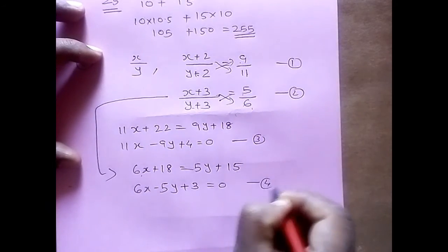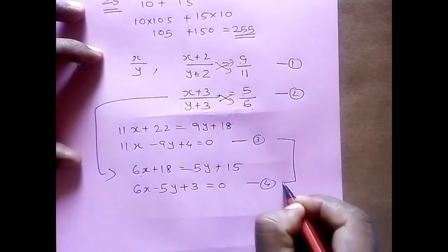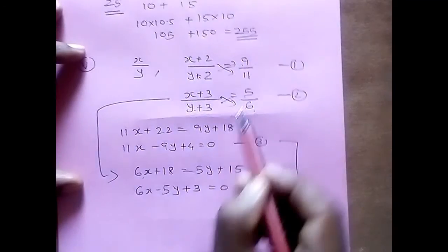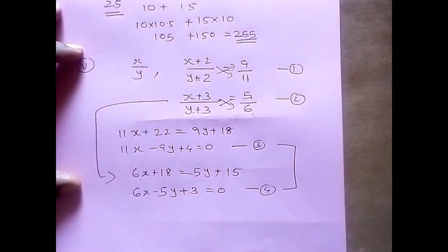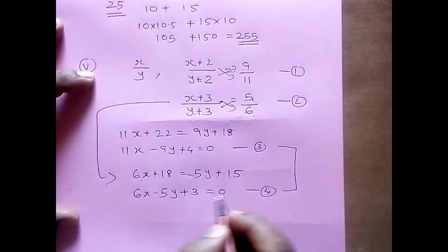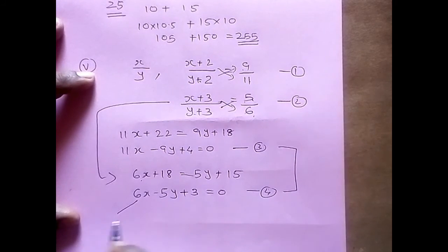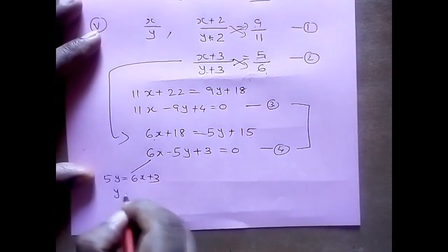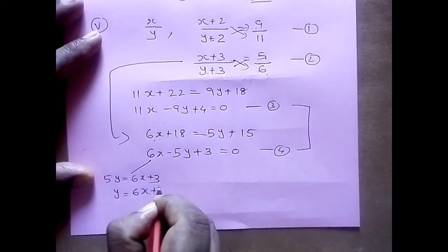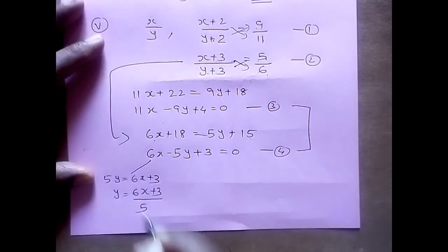That is equation number 4. Now we have to take only these two equations, 3 and 4. From equation 4, what will we get? 5y is equal to 6x plus 3, or y equals (6x plus 3) divided by 5.